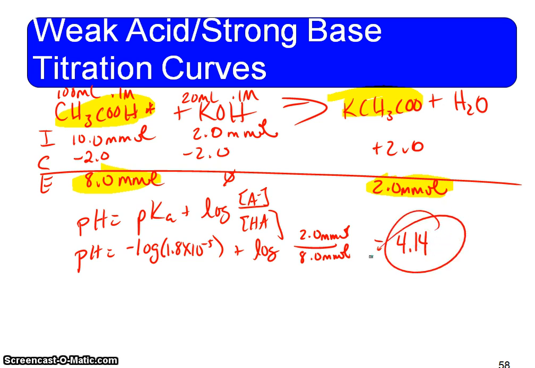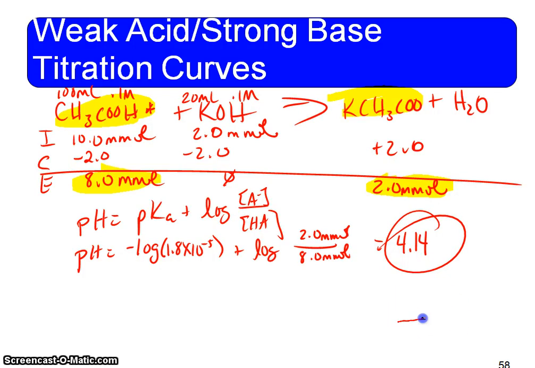4.14. Now, what was our initial pH? 2.87. Now, is this a bigger jump than before? Yeah, that's definitely a bigger jump, but did it jump all the way to what you think it might end up being at the equivalence point? No, it didn't jump there, but it is a bigger jump than before. This is what we're going to do in lab, compare these two curves.